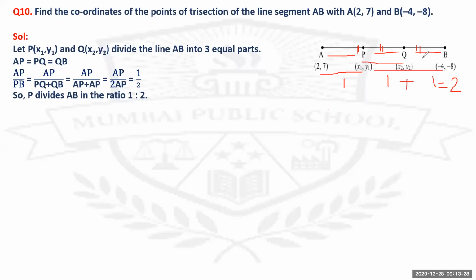As these points are trisecting the line segment, PQ and QB are equal. So in place of PQ and QB, you substitute AP plus AP. You'll get AP upon 2AP. AP in the numerator and AP in the denominator get cancelled, and you're left with 1 upon 2. So point P divides AB in the ratio 1:2.